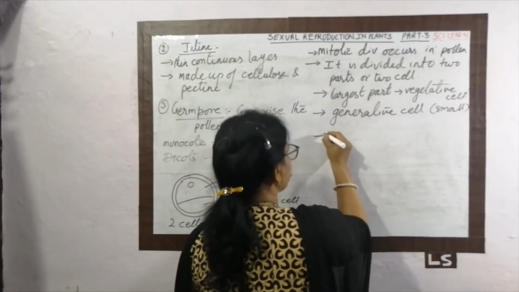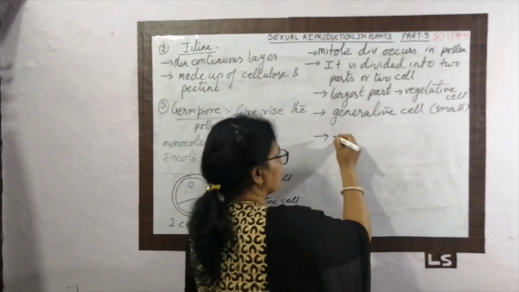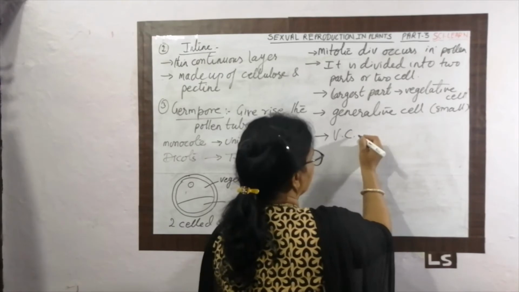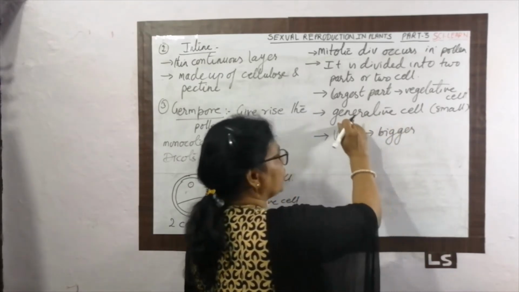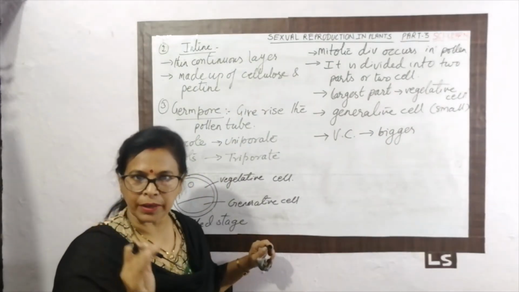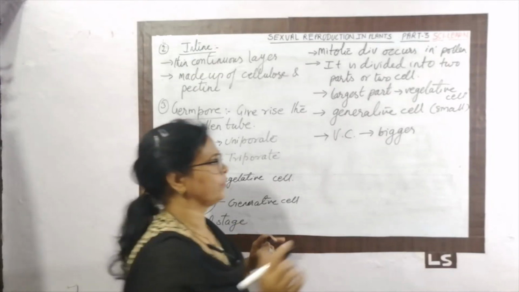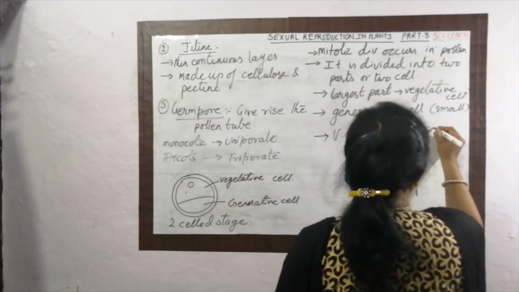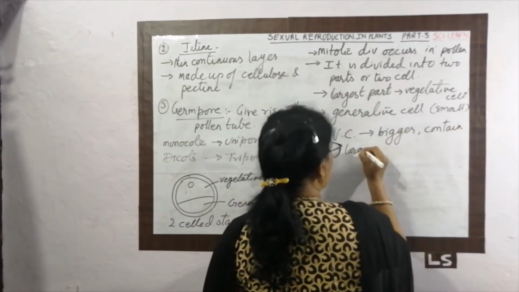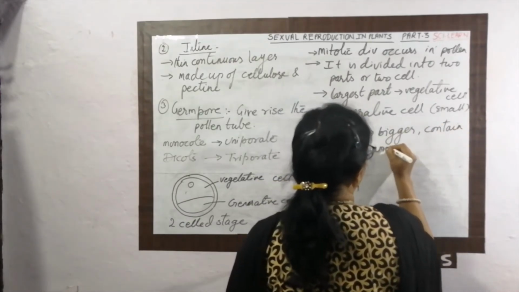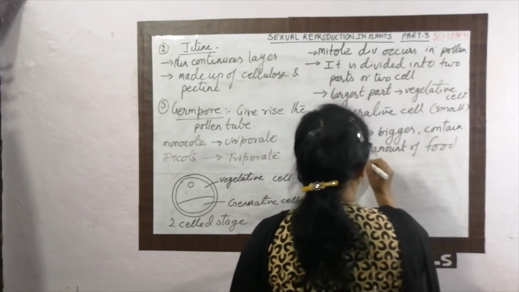What is the structure or condition of the vegetative cell? It is bigger as compared to the generative cell. It contains a large amount of food reserve, food storage.